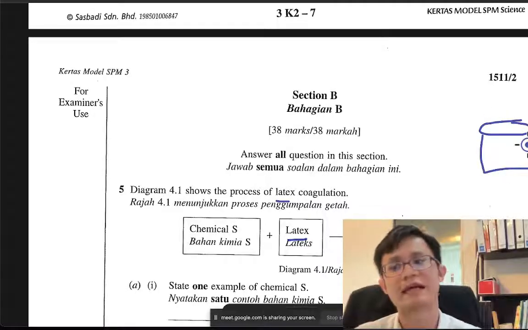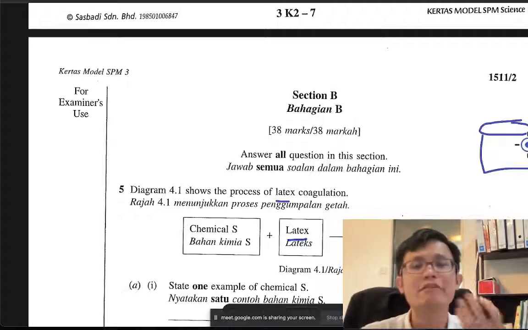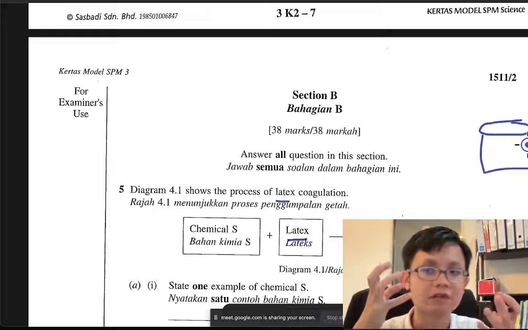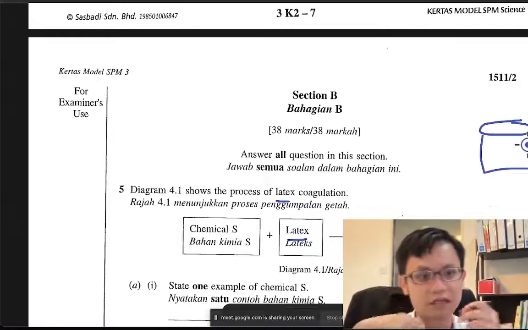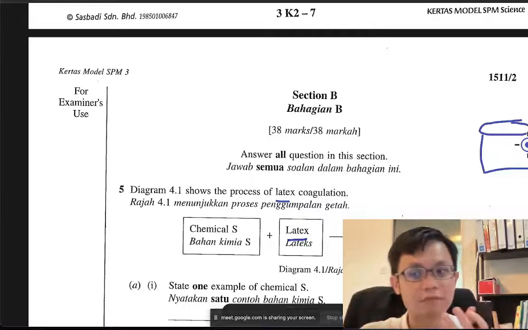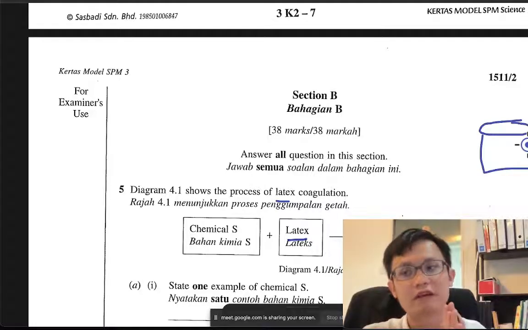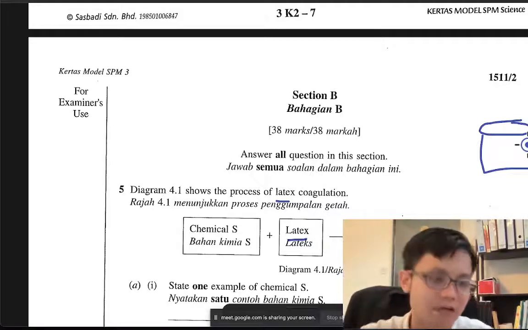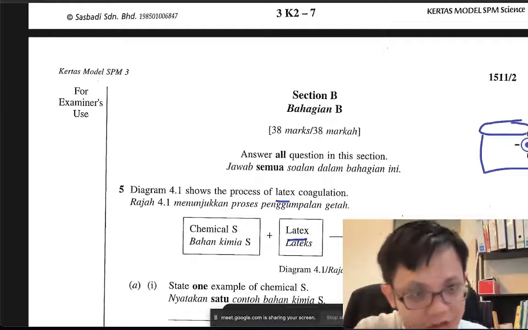It's like your milk. If you leave your milk for very long, your milk will also coagulate, because the bacteria will grow in your milk. You pour it out, and there will be coagulation. For the rubber also, it is the same.